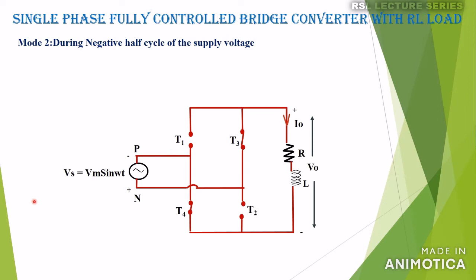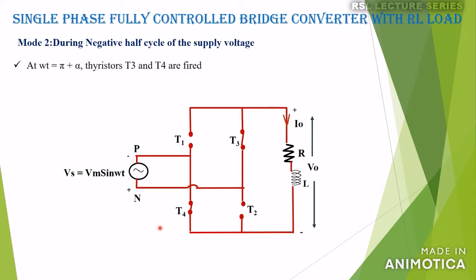So now we'll discuss the circuit operation during the negative half cycle of the supply voltage. During the negative half cycle, terminal P is considered negative with respect to terminal N. So these two thyristors T3 and T4 are forward biased, and we can trigger them anywhere in between pi to 2 pi.